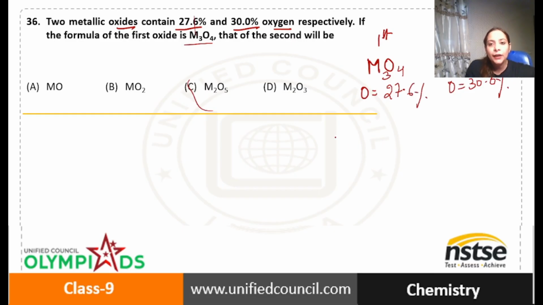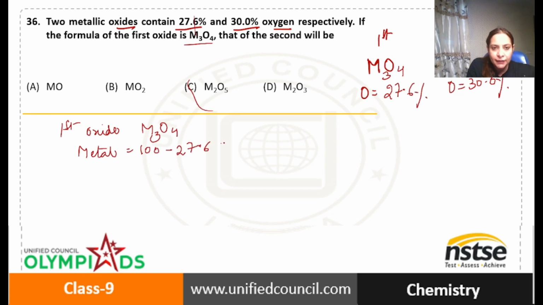In the case of the first oxide, M3O4, the metal present is 100 minus 27.6, which comes out to be 72.4 parts.